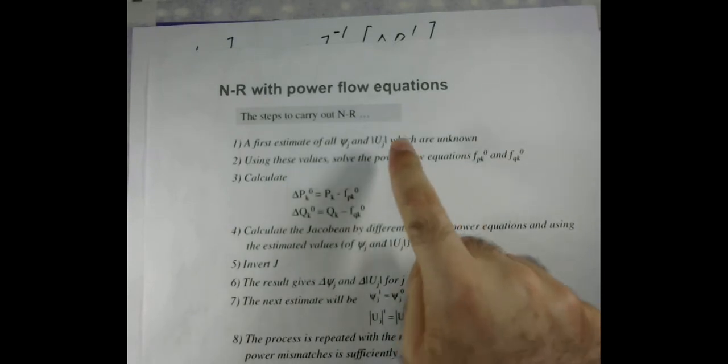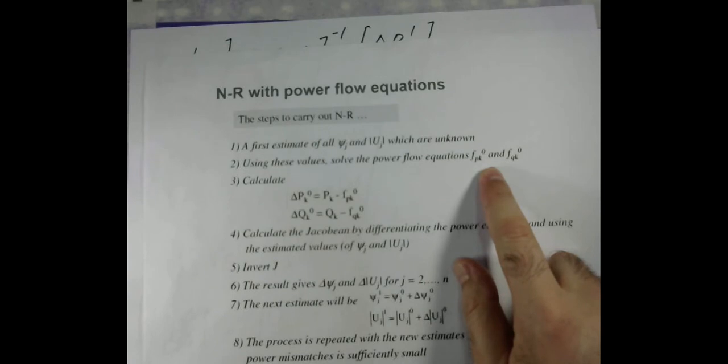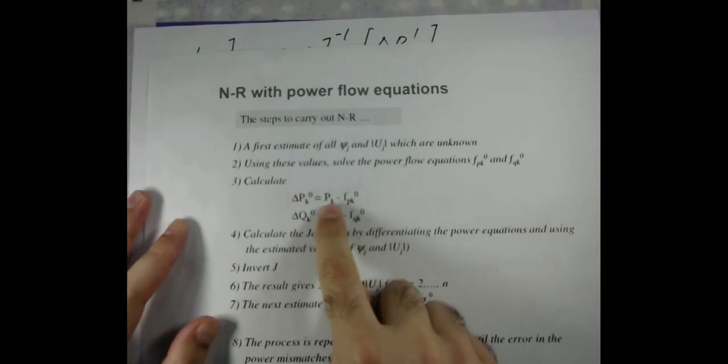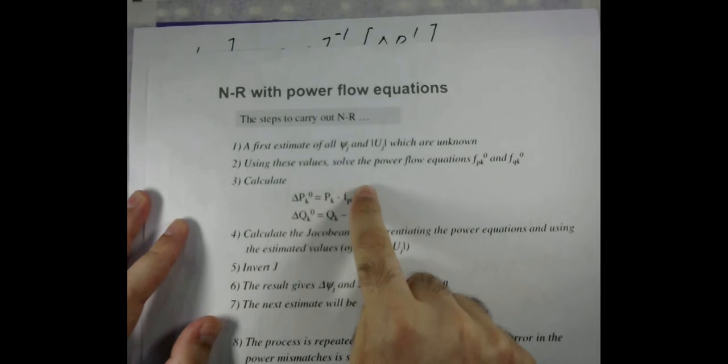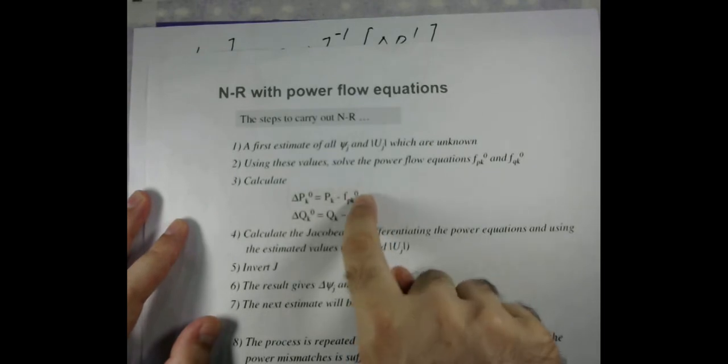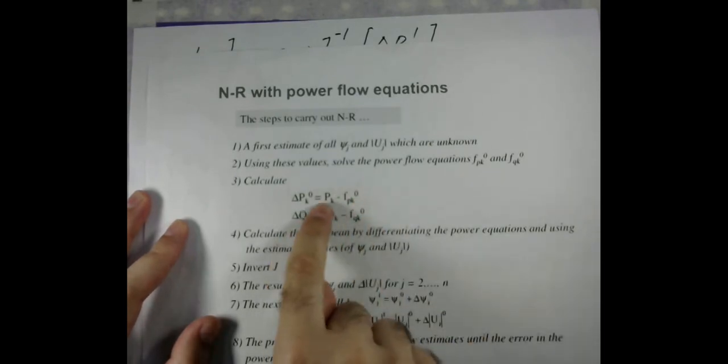Then we used the estimated values in the power flow equations, and knowing the values of the active and reactive power on the load bus, we took the difference. This was the given value, and this was the calculated value based on the initial guess of the angle and the voltage. We determined the error.